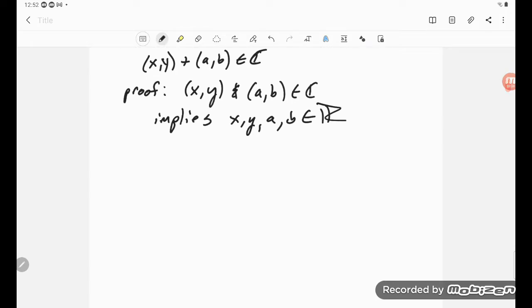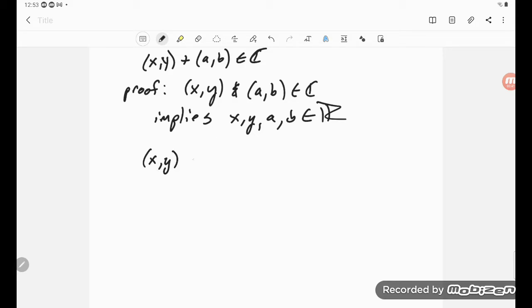Okay, so those are all elements of the real numbers, and so now when we add them, so xy plus ab is equal to x plus a, comma, y plus b.